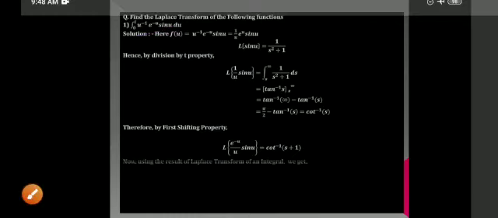So now we have to apply the Laplace transform of integral result. Applying this result means we have to just multiply this latest Laplace transform result by 1 upon s, or we may say that you have to just divide this result by s. So the final answer is very simple.